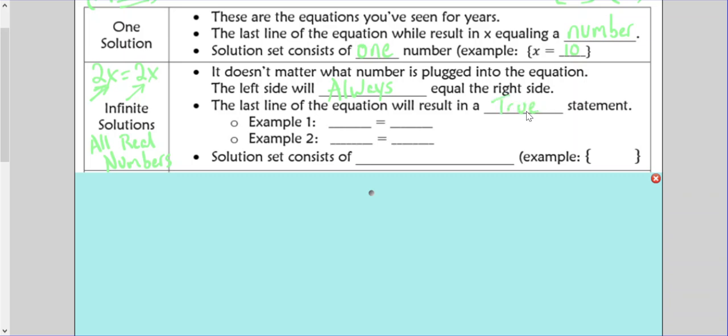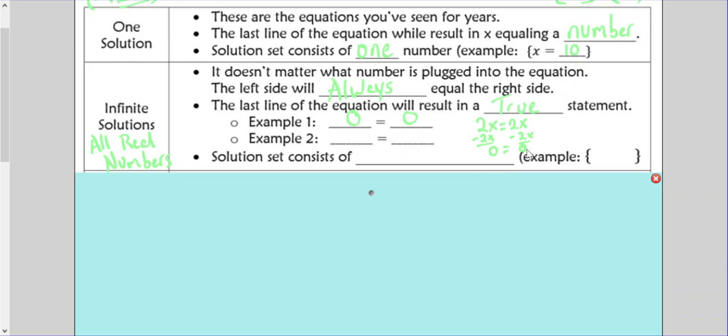The last line in the equation will result in a true statement. So let's keep using that example, 2x equals 2x. If I tried to solve that by combining these variable terms, I would subtract 2x from both sides. That would just equal 0, and I would subtract 2x from that side also. That would also equal 0. So something like 0 equals 0 indicates that you have infinite solutions, or that any real number will work.